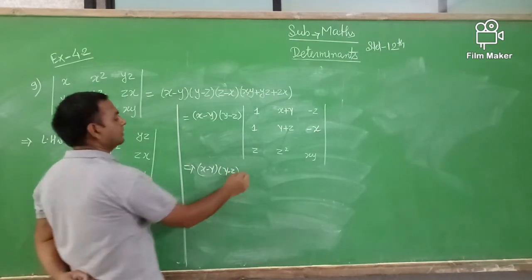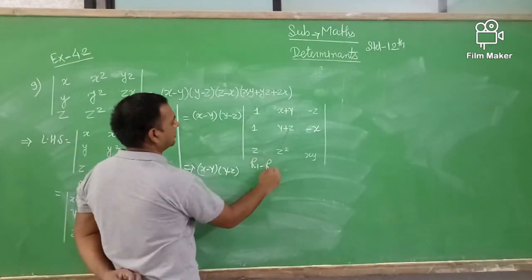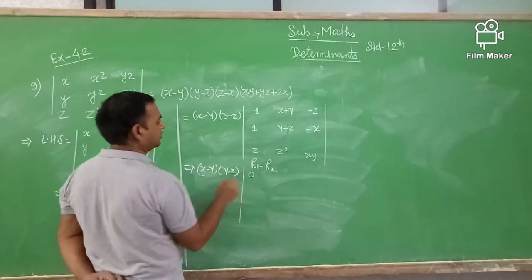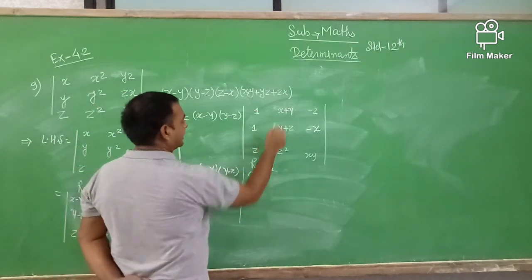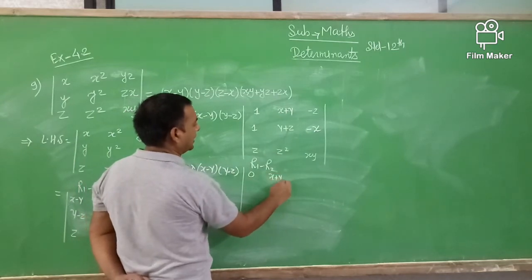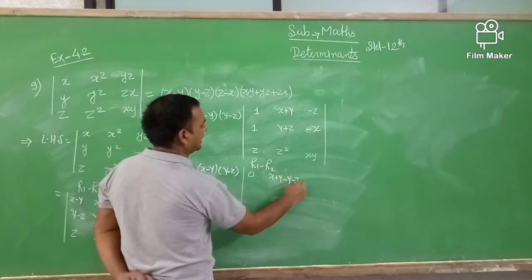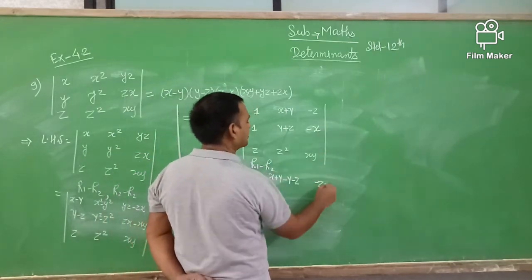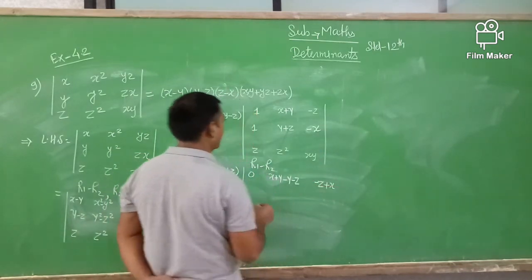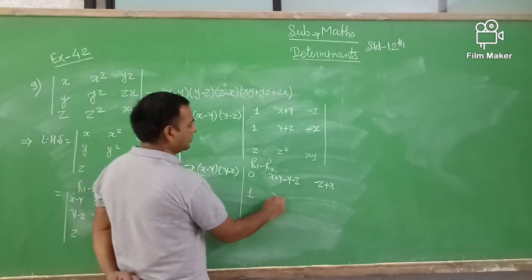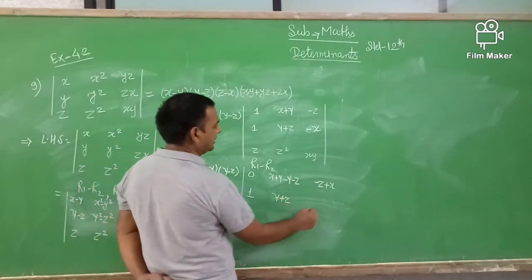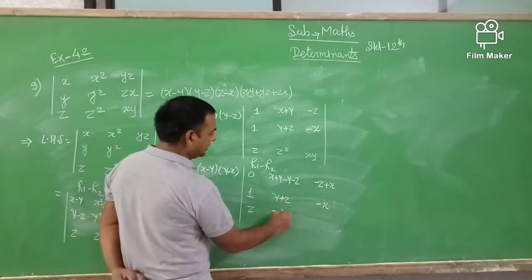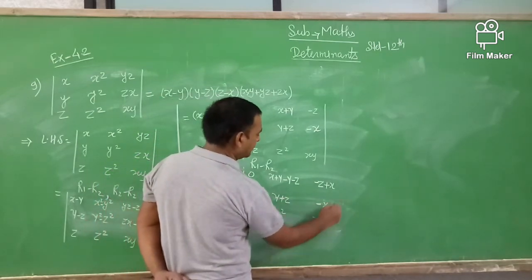Again I take r1 minus r2. So 1 minus 1 is equal to 0. Here x plus y minus z, this is minus z, and minus minus plus, so plus x. This is 1, y plus z, then minus x, after that z square and xy.